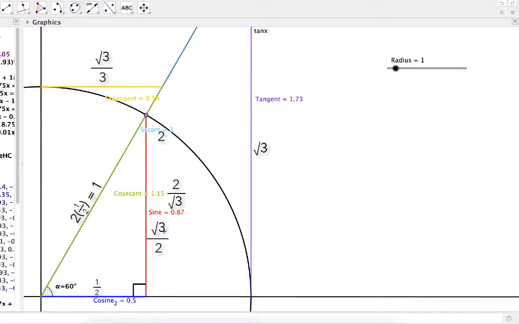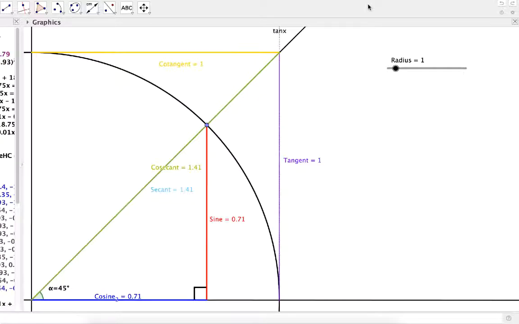Now notice that cotangent and tangent flipped from 30 degrees to 60 degrees, and sine and cosine flipped from 30 degrees to 60 degrees. Our last major special angle is 45 degrees.